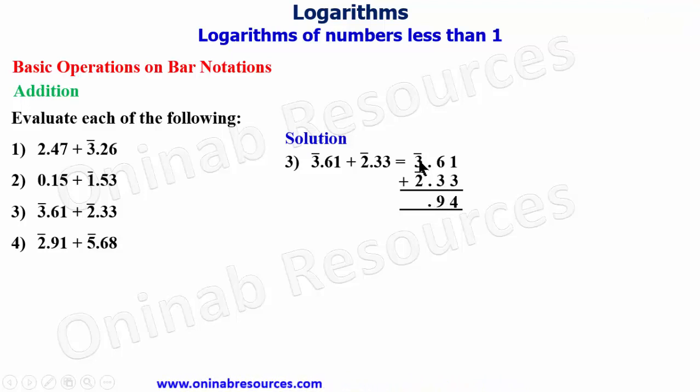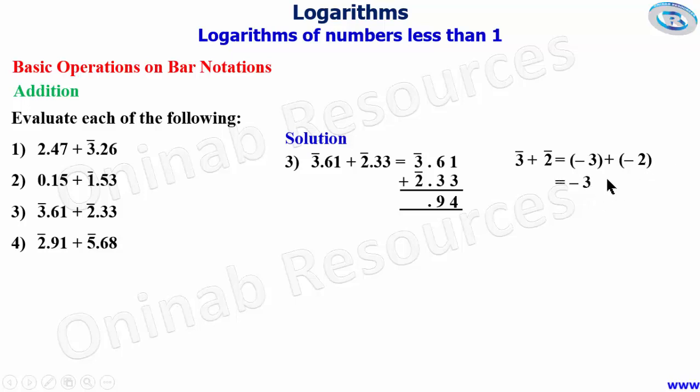Place our point. Bar 3 plus bar 2 will give us negative 3 plus negative 2. Removing this bracket, I have negative 3 minus 2. Negative 3 minus 2 gives negative 5, which is written as bar 5.